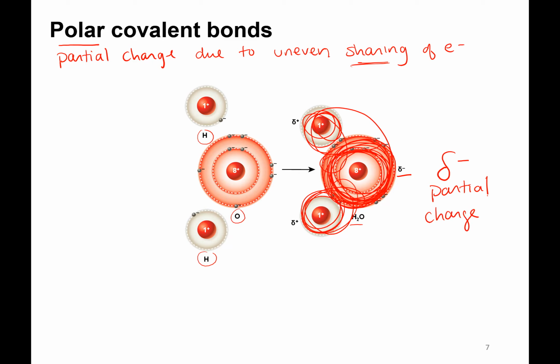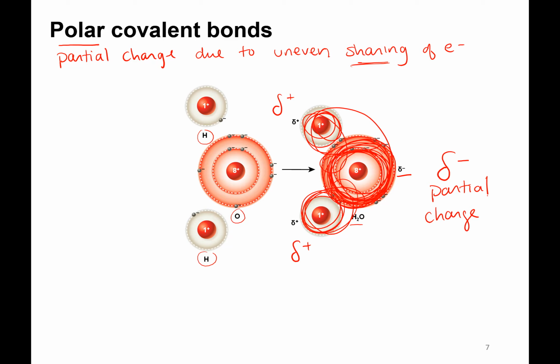Okay. So partial charges are not full. We're going to talk about full charges with ions in just a minute. But these partial positive and partial negative charges allow molecules like water to form something called hydrogen bonds. And we'll talk about that in just a minute.